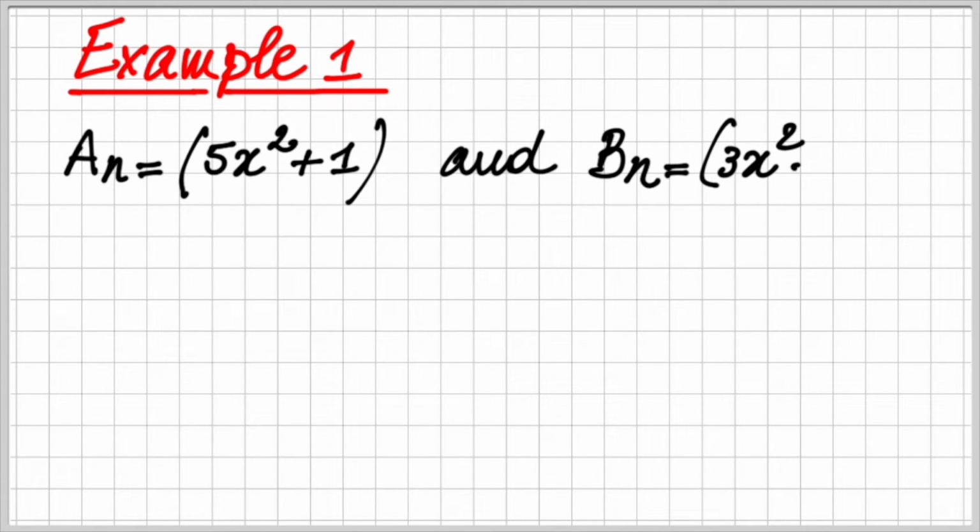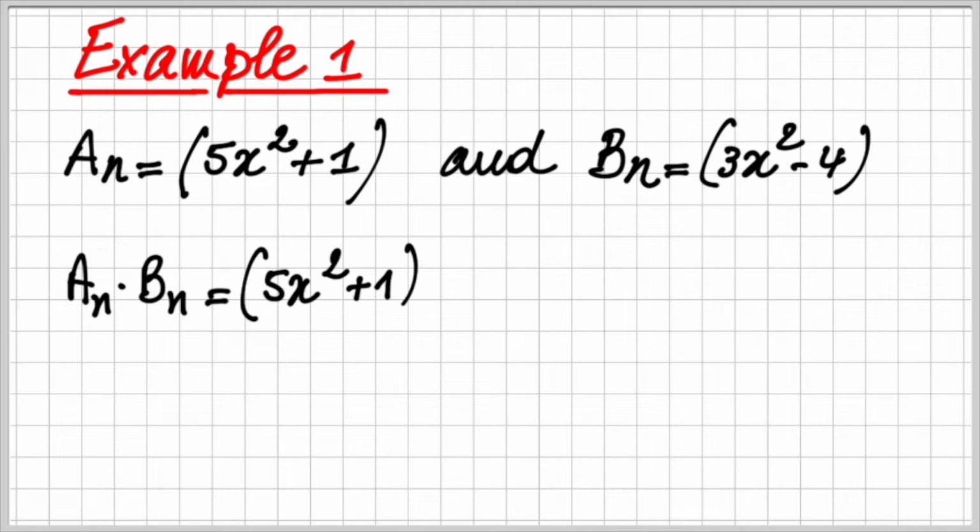Let's have a look at the first example. We have two polynomials of the same order. An is 5x to the power 2 plus 1, and bn is 3x to the square minus 4. We do the multiplication, we write it in the first format, and now we start using the distributive property.